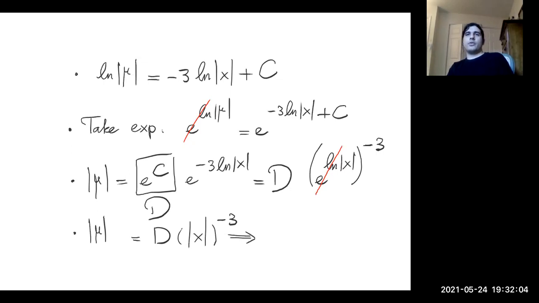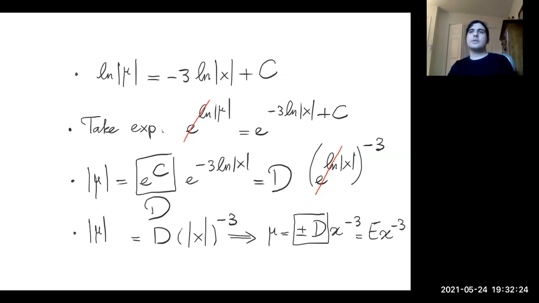I can drop both of these absolute values, both for x and for mu. That would only give me some plus minus. I would absorb them into the constant I have here. So I would use the constant e to have the necessary sign, whatever it is. Now the point is that here we are not looking for every solution to this equation.